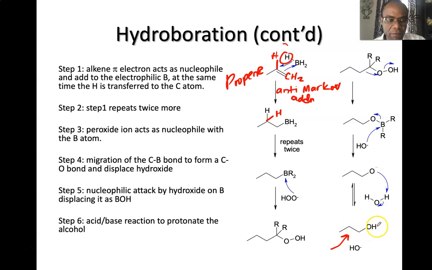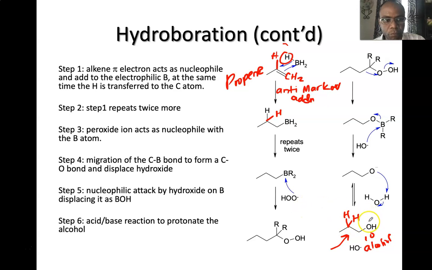Notice that the OH is on the outside. You get a primary alcohol. It's sitting on a carbon which is bonded to one other carbon. So it's a primary alcohol, on the outside. That is the anti-Markovnikov product, because the hydrogen of the first step was added where there was less.